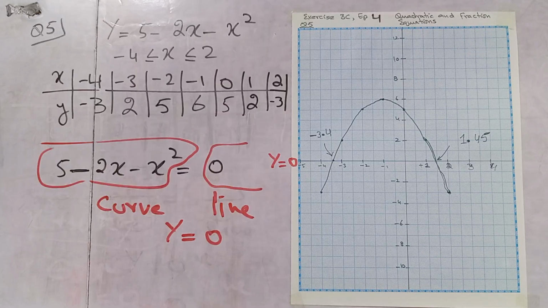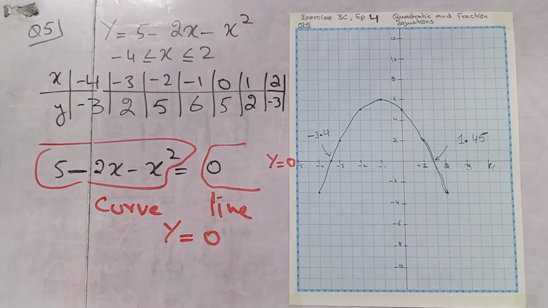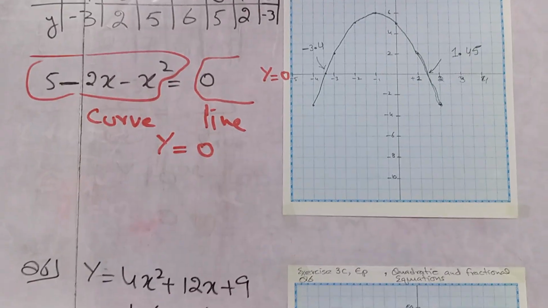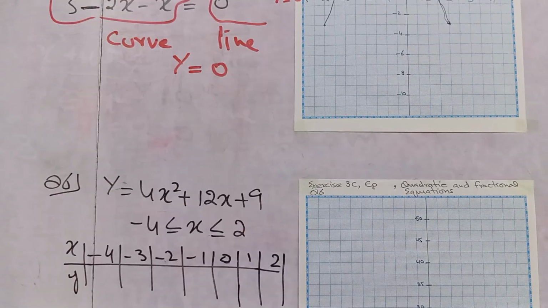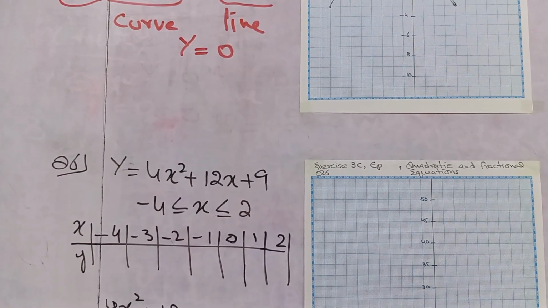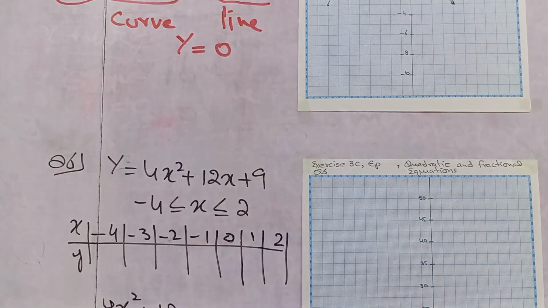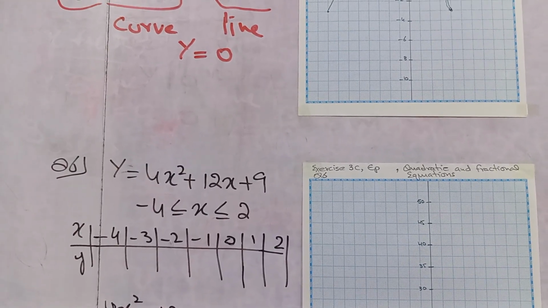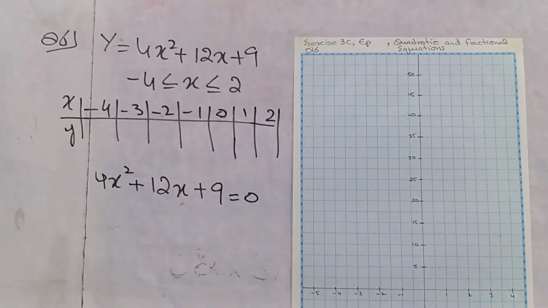So let's go to the next question. The next question, I have to move my camera, is the question number 6. So the next question is coming up on your screen. Give me a minute, and I will adjust my camera so that you can see this.